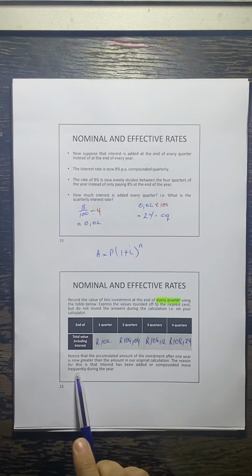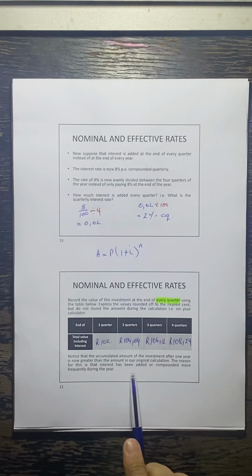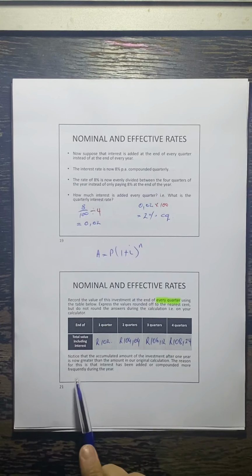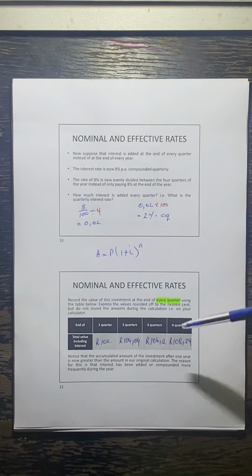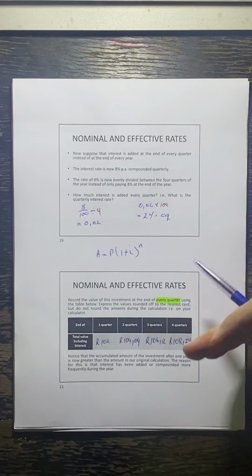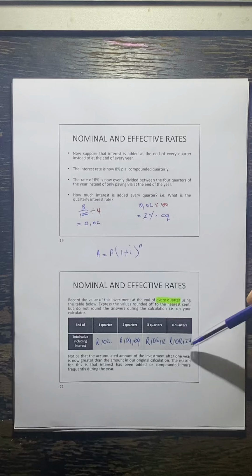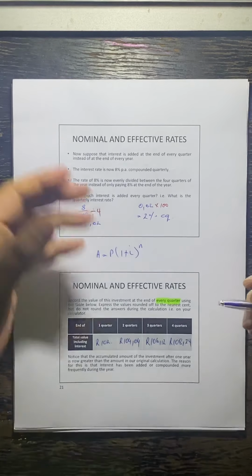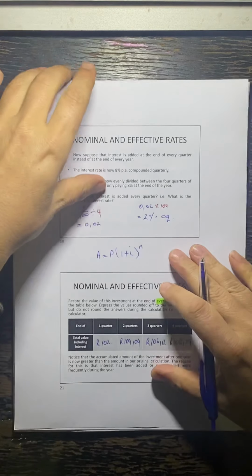Okay, the reason for this is that interest has been added or compounded more frequently during the year. Now, I know you're probably thinking that 24 cents isn't a lot, but guys, if you're investing huge amounts of money, this will grow very quickly, okay, compared to the original one. All right.